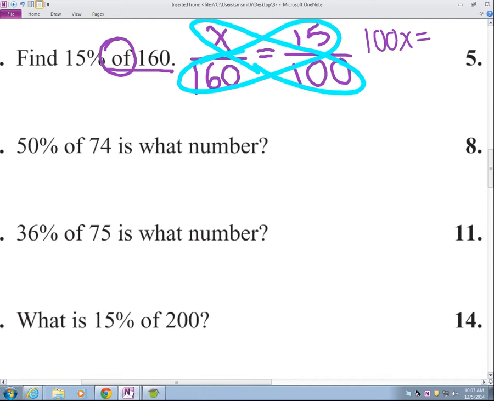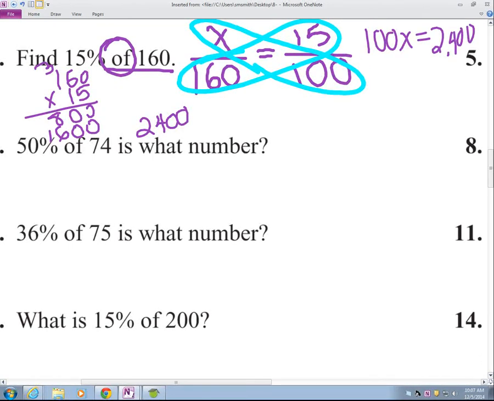Since I don't expect you guys to use your calculators, I'll do it with you right here. 15 times 160 is 2,400. Then I'm going to divide both of those by 100. I'm going a little fast here, sorry. So it's just 24. And do we need to put a percentage there? No, because it's not a percentage.